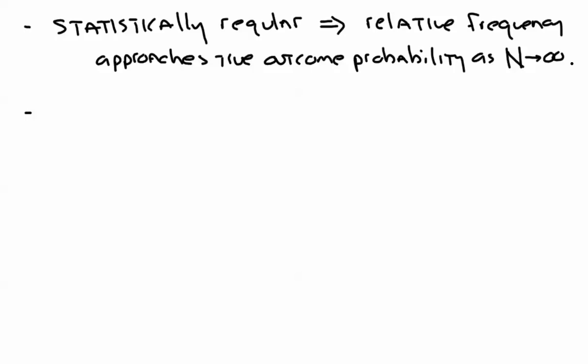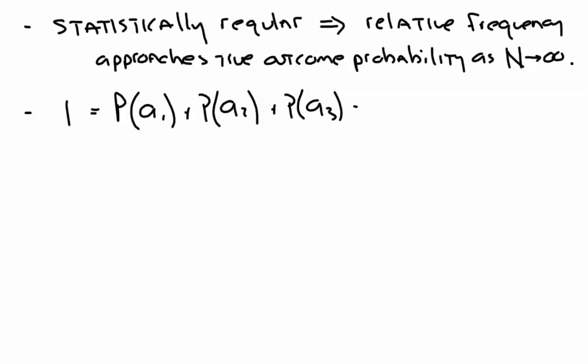And not surprisingly, we can make this observation: if I add up all of the true probabilities of the various outcomes, if I have an experiment that has only 4 possible outcomes, then the individual probabilities of each of those outcomes have to add up to 100%, because it is 100% likely that something occurs.